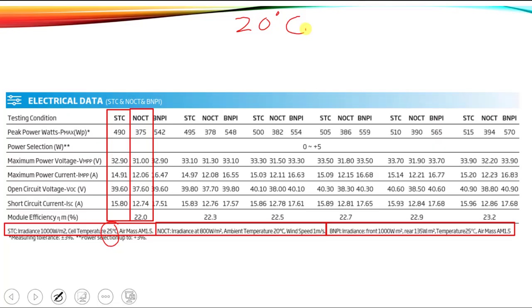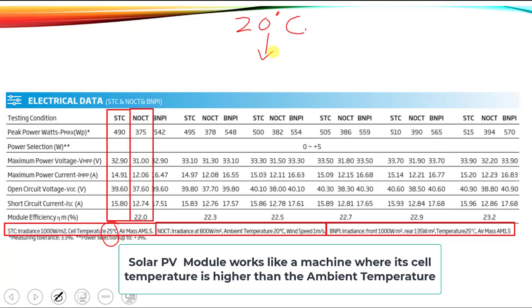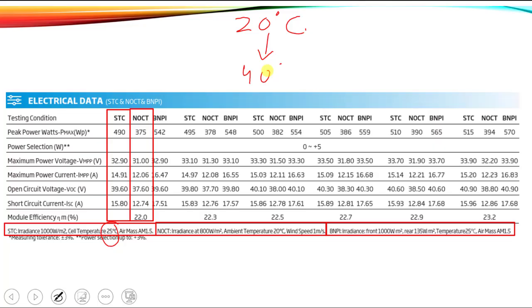The cell temperature is normally 15 to 30 degrees centigrade higher than the ambient, so the cell temperature of that PV module could be 40 to 50 degrees centigrade. In that case we can't use the STC.